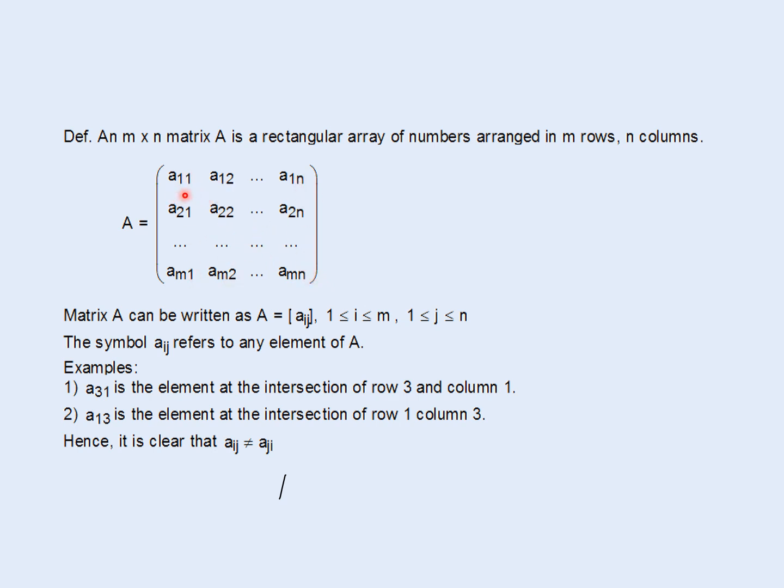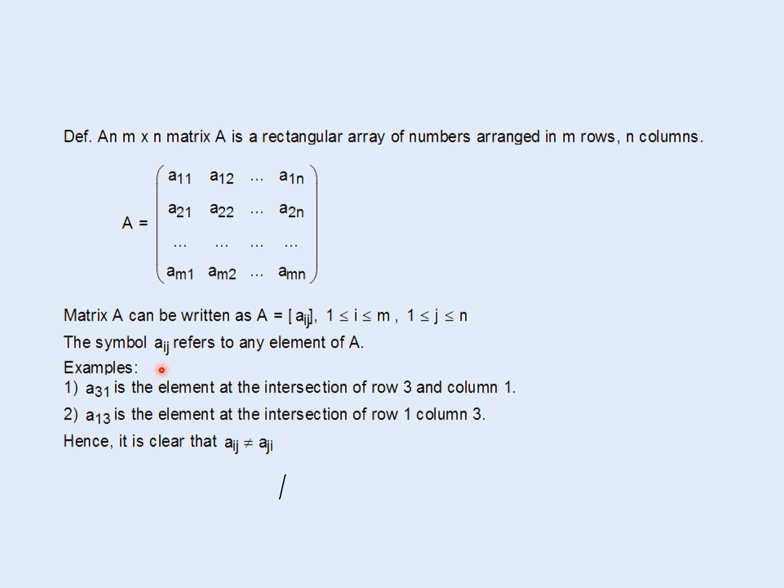We shall denote the elements of the matrix as a sub 1 1, a sub 1 2, up to a sub 1 n for the first row, a sub 2 1, a sub 2 2, up to a sub 2 n for the second row, and so on and so forth, up to the mth row, a sub m1, a sub m2, up to a sub mn. We can also write matrix A as A equal to the bracketed aij, where i is the row that ranges from 1 to m, and j is the column that ranges from 1 to n.